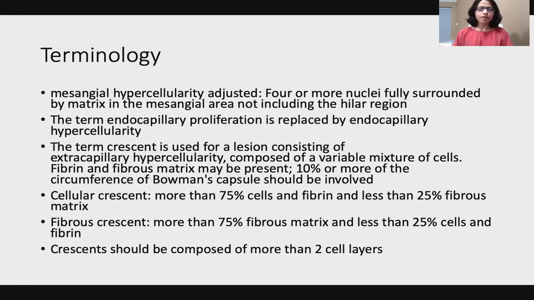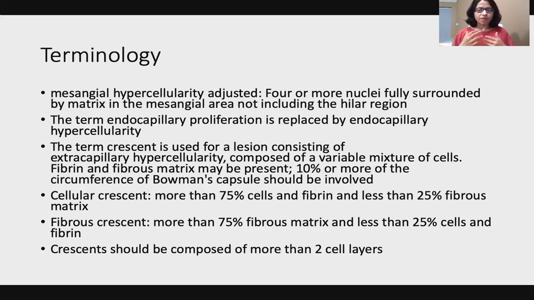When I use the term segmental, then in that one glomerulus, part of the glomerulus is involved, not the entire glomerulus. Then there are other terminologies, like the mesangium shows hypercellularity. By that I mean there are 4 or more mesangial cells in a particular area, in a particular lobule away from the hilum.